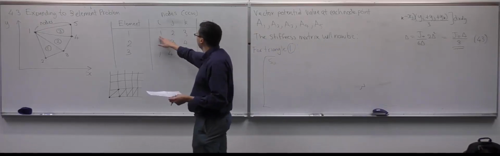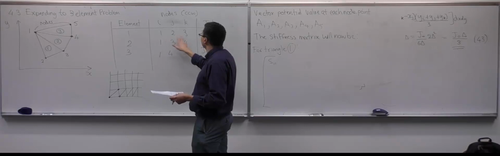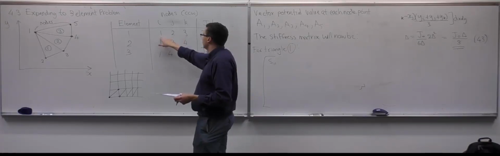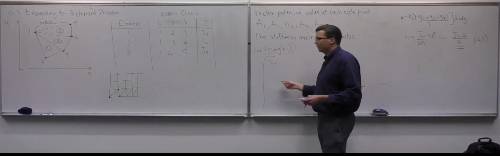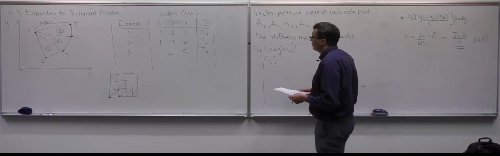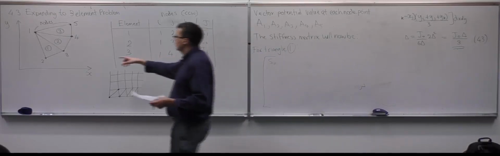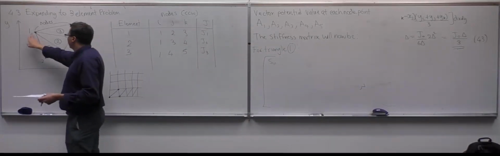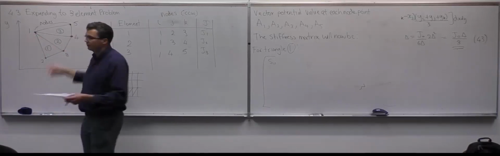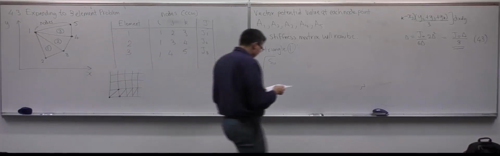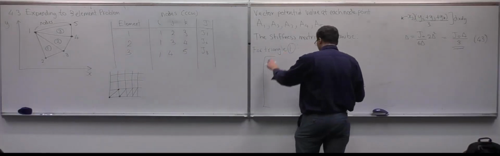Because we have nodes 1, 2, and 3, we're going to have matrix values in the first 3 by 3 part of the 5 by 5 matrix. Because we've got vector potentials related to 1, 2, and 3, but nothing at 4 and 5, right? It's for element 1.